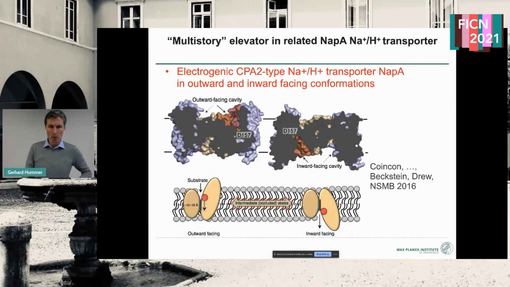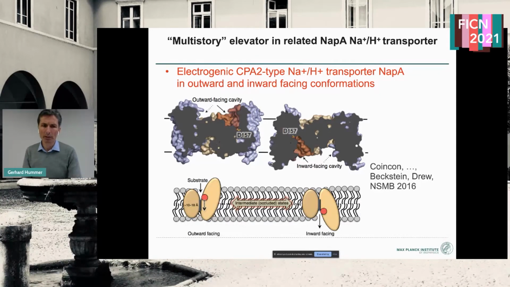And so if one goes back now to this picture of sodium proton antiporters as machines with alternating access, here we're going back to the cartoon of Bechstein and Drew, and backing it up with one of their structures of the NapA CPA2 type transporter.